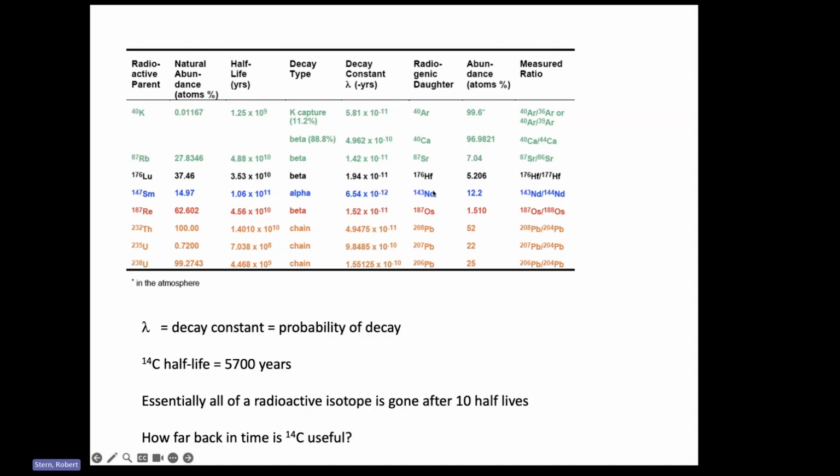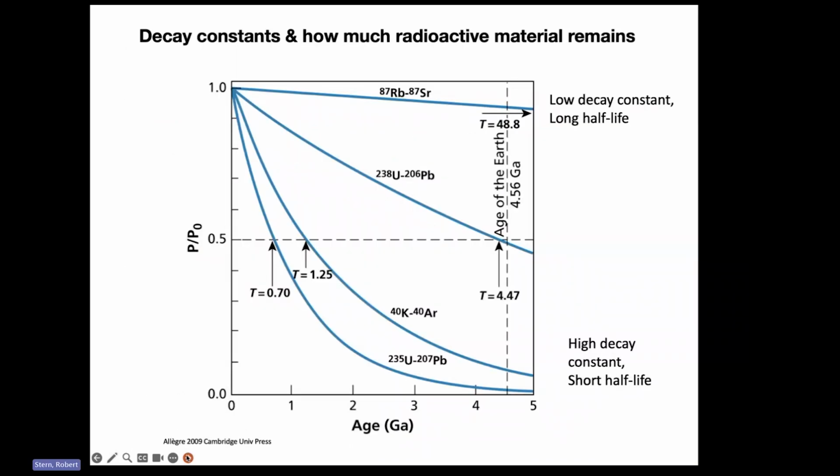So anyway, that's half-lives and decay constant, and I suspect there'll be a midterm question on that. All right, so this shows you how these different elements decay with time. This is the parent existing over the original parent. This is the rubidium-strontium scale.